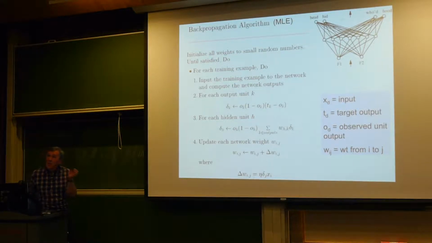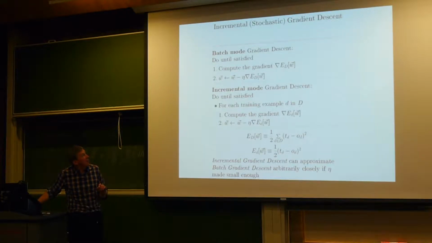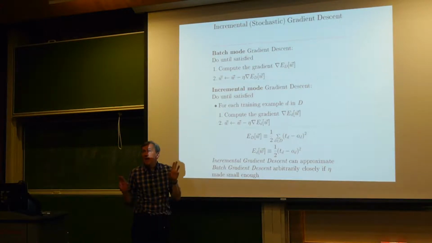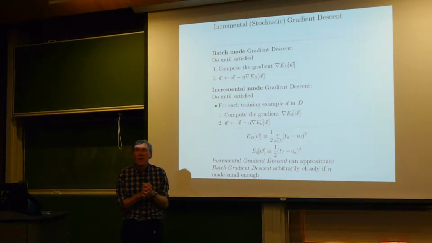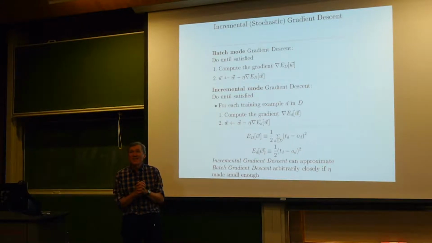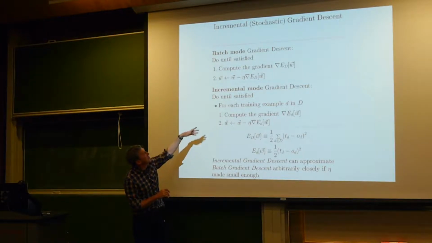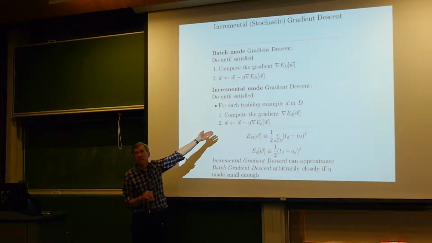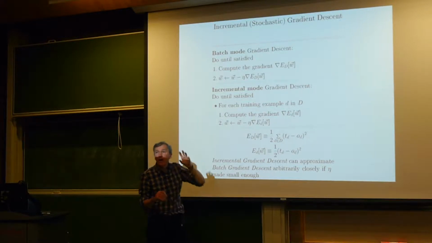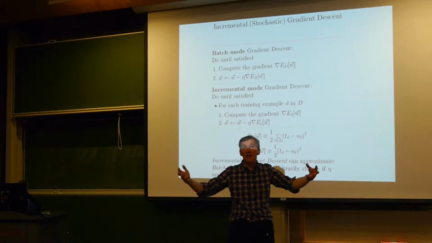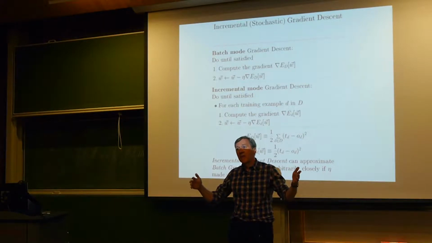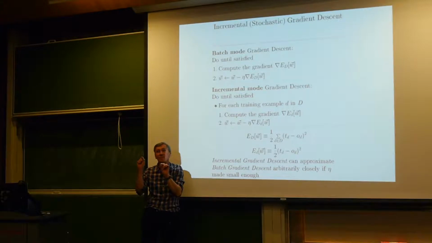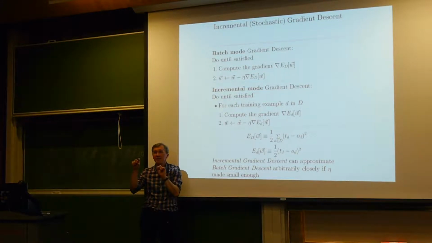Okay, before, when we talked about gradient descent, we talked about the fact that you can do it in the batch way, which is what we just saw, and that if you're in a hurry, you can also use what people call incremental or stochastic gradient descent, where instead of calculating the gradient with respect to the entire data set and then doing an update, you calculate the gradient with respect to just one data point and take a smaller update.